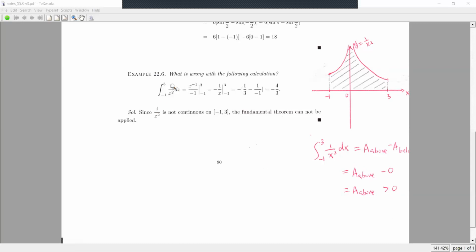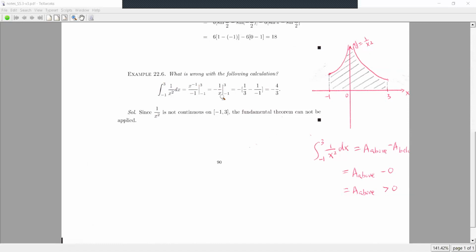But let me try to use the fundamental theorem to compute this integral and see what will happen. The antiderivative of 1 over x squared is this. Let me simplify it a little bit: it is negative 1 over x.